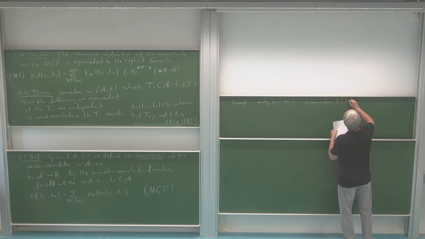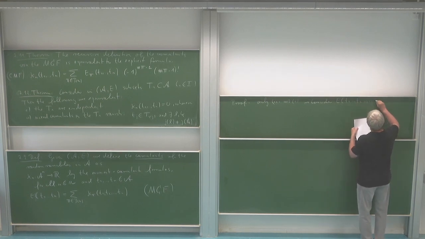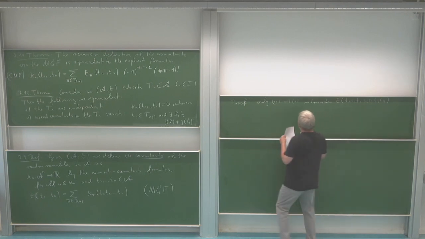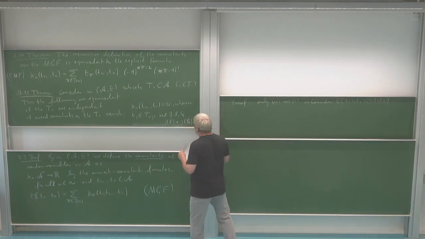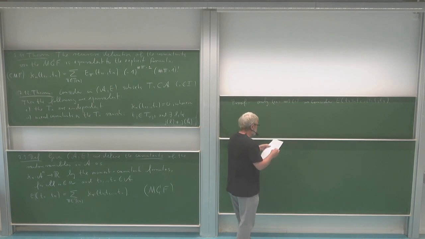So let's say I look at t1, s1, t2, s2, s3, t3, t4, something like this. And I assume this condition 2, so I assume that mixed cumulants in the t's and the s's vanish.